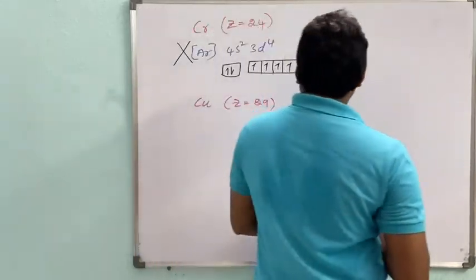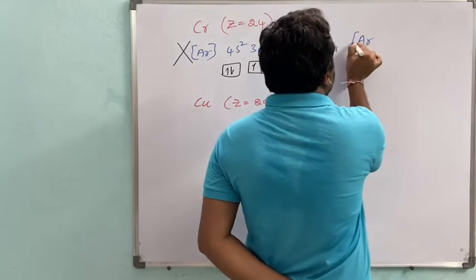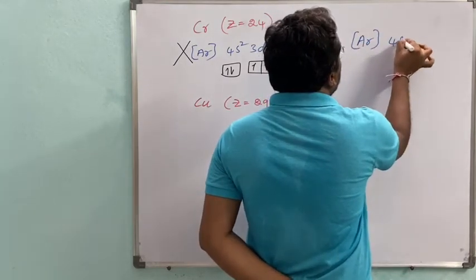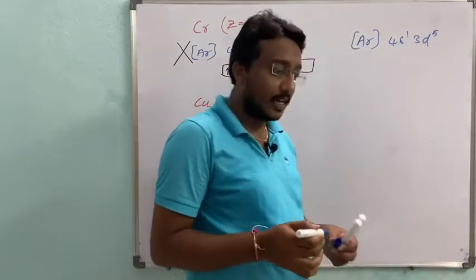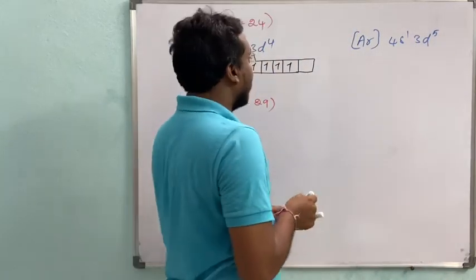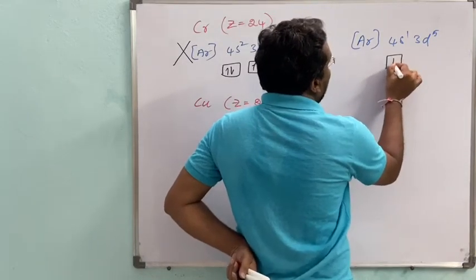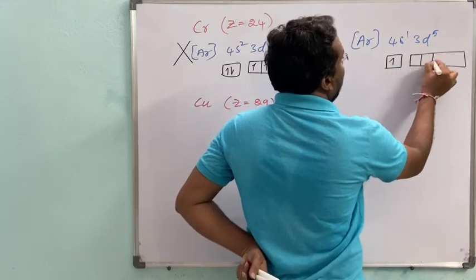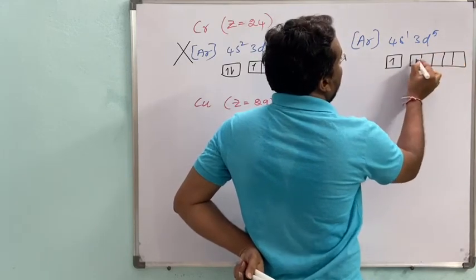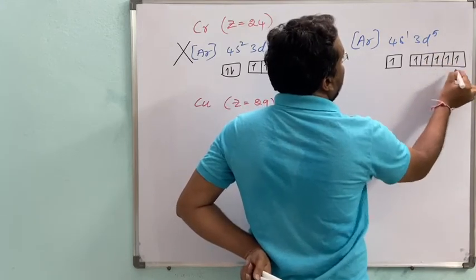Here we have to write the electronic configuration of chromium like this: argon 4s1 3d5, 4s1 3d5, right? Then now it becomes 1, 2, 3, 4, 5.